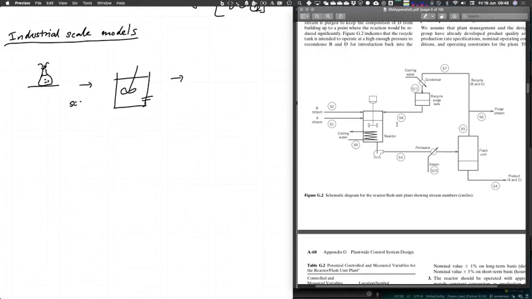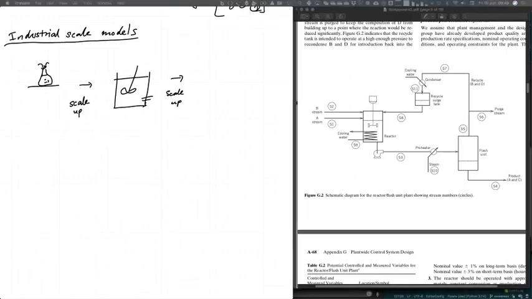So we've got a couple of scale-up steps, and to a certain extent, by the time we end up with the full unit, right? If this unit is a large unit, like a couple of cubic meters, it's very unlikely that we have any kind of model for operation. We have running data, but we don't actually have a model.